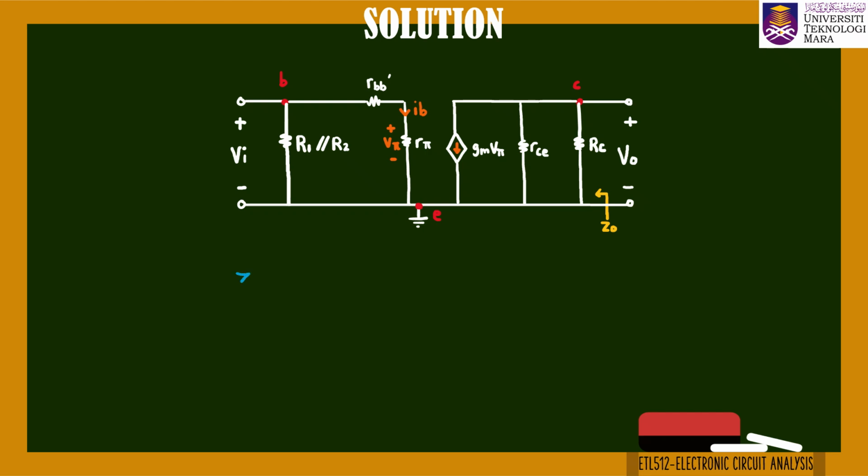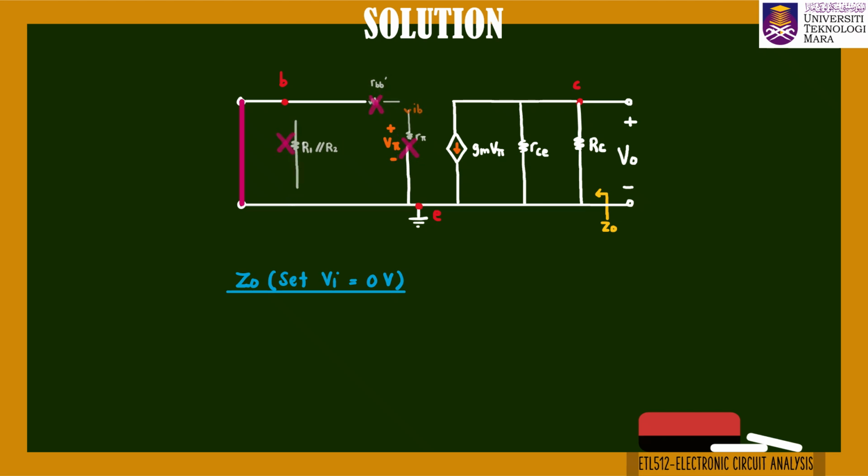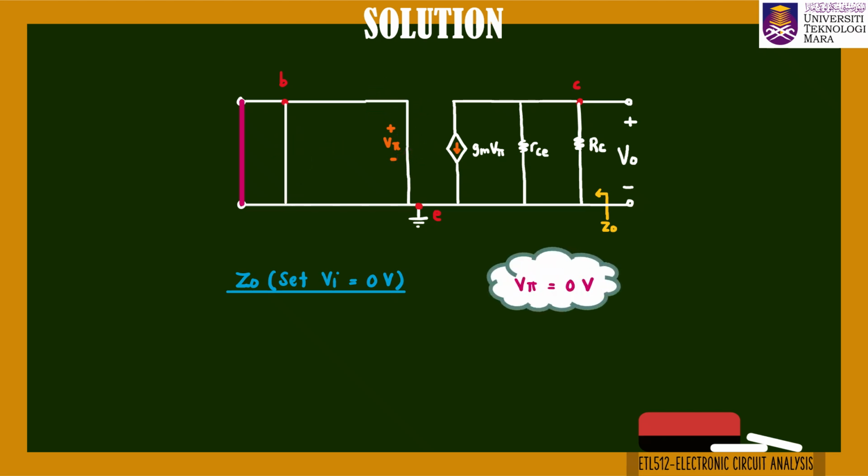The third parameter to determine is output impedance Zout. To calculate Zout, we must set the input voltage to 0, meaning we short circuit the input source. This removes the effect of the input signal so it won't interfere with the output side. With V1 equal to 0 volt, all resistors at the input are bypassed, making Vpi equal to 0 volt.